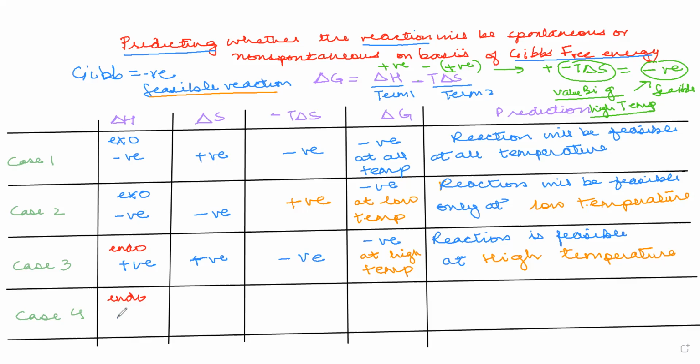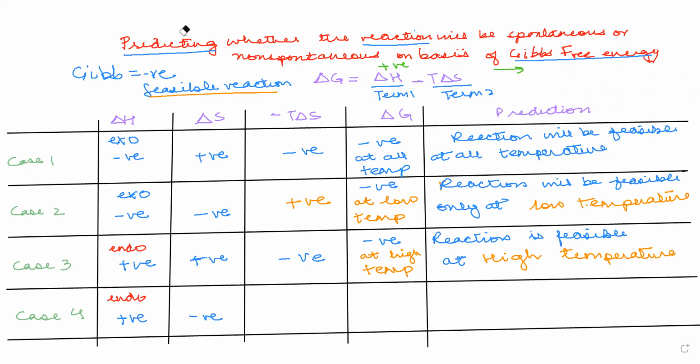Coming to the next example, next combination. Again, the fourth combination, we have an endothermic reaction, and now let's have the entropy as a negative value. So if you're going to have the entropy as a negative value, let's see what will happen then. Just give me a second to erase this and write it down again.